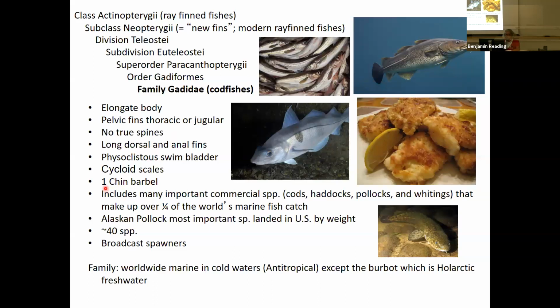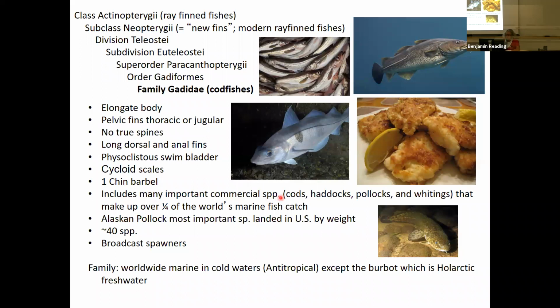They have a chin barbel, also called a mental barbel. Mental is on the chin. This is covered with taste receptors, and they taste with it. They also have taste receptors on their pelvic fins, and they can taste with their pelvic fins as well. So like you taste with your tongue, the codfish tastes with its pelvic fins and with its mental barbel.